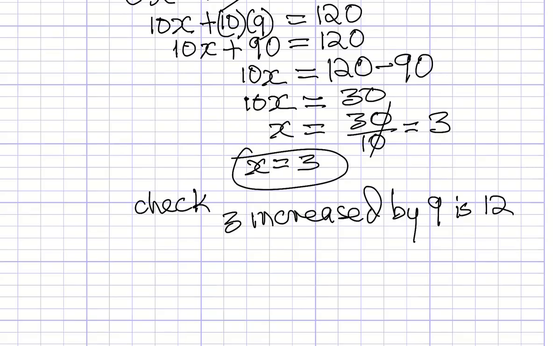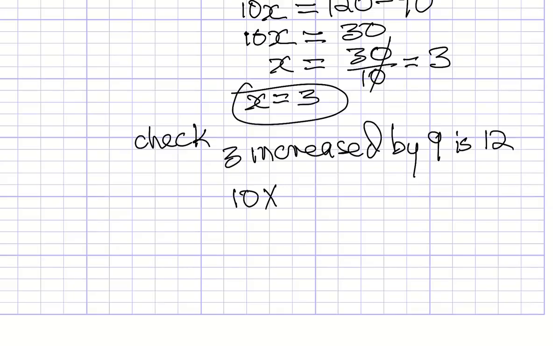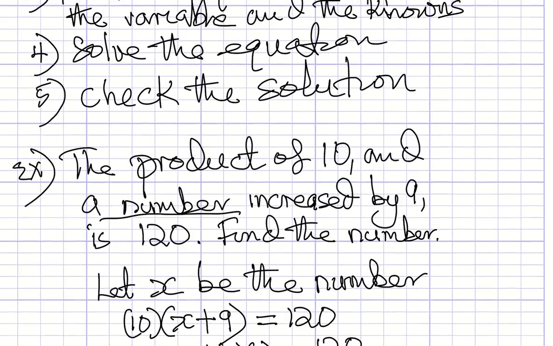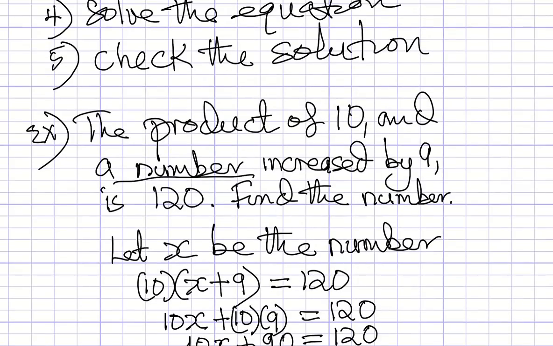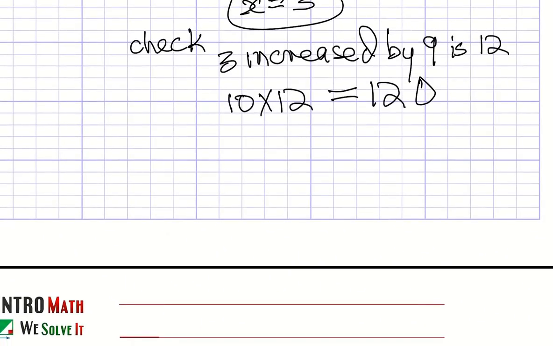Then it says 10 multiplied by that 12. If you multiply that, what do you get? You get 120. So you see, we did something right, because right here we were able to get 120. So we know we did it right. So that checked out. Basically, that's all you need to do.